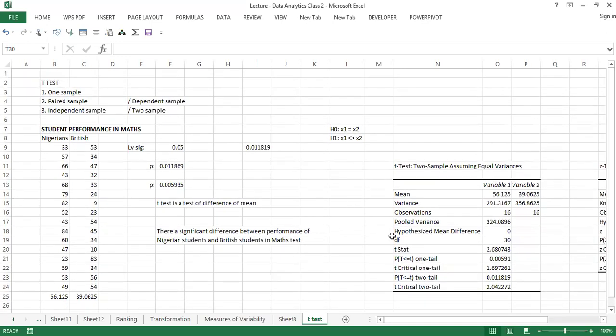Okay, now this is a two-tailed test, right? It could have been a one-tailed test. Let me give you an example of a one-tailed test. A situation where it is believed that Nigerian students are better, but one is trying to dispute that.